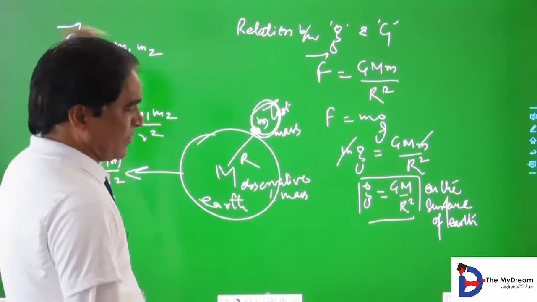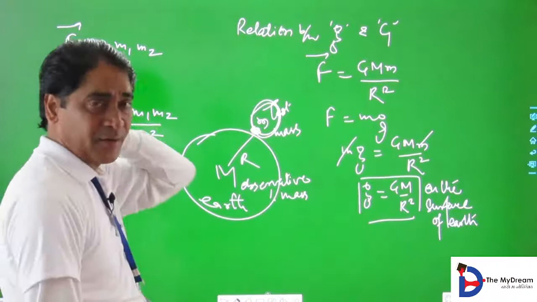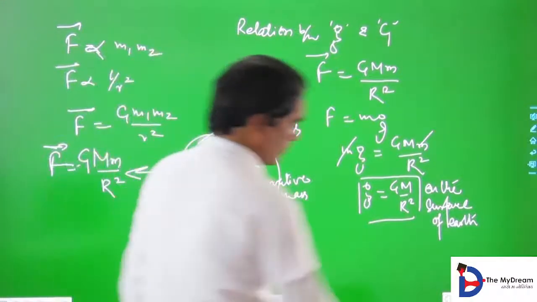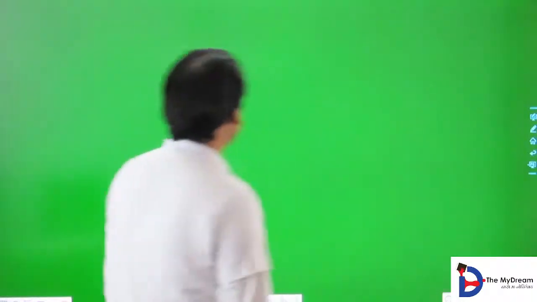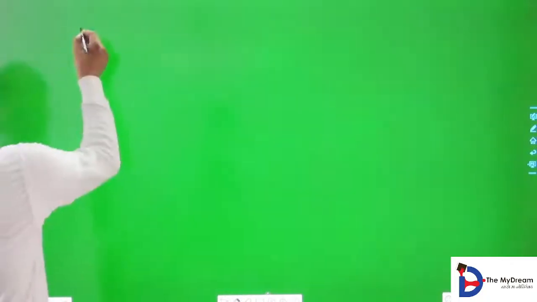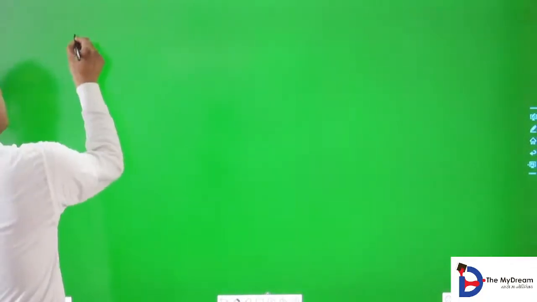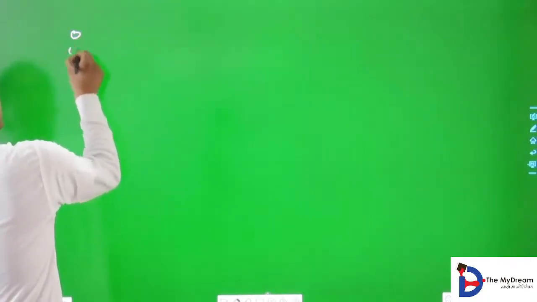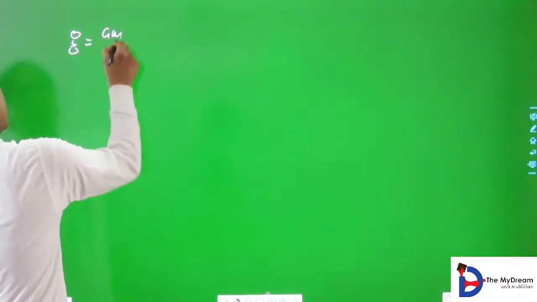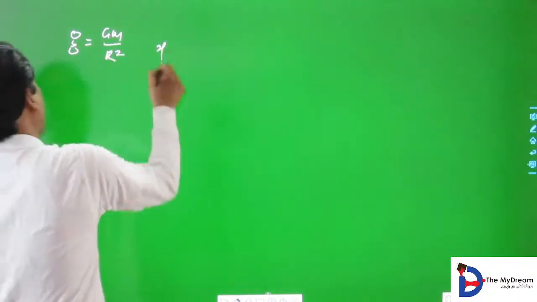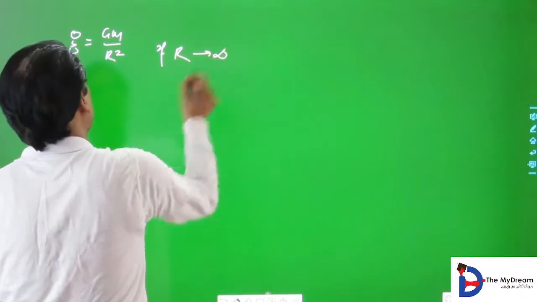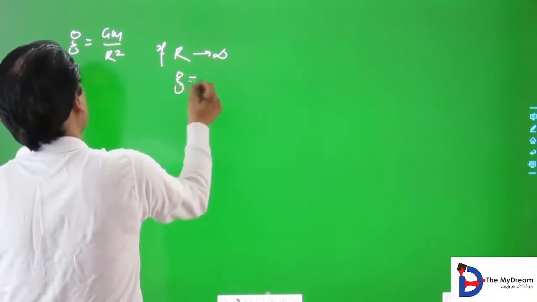So this is the formula of the gravity on the surface of Earth. G is equal to gm by r. If r tends to infinity, then g will become 0.